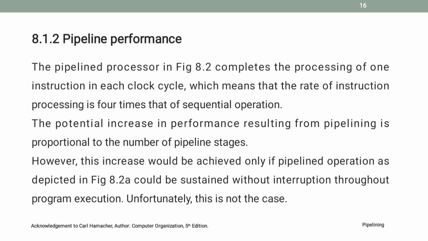Next, we shall discuss pipeline performance. In any pipeline, depending on how many stages there are, that many clock cycles will be consumed for the completion of one instruction's execution. In a four-stage pipeline, because four stages are involved in completing one instruction, 4 clock cycles of time will be consumed.